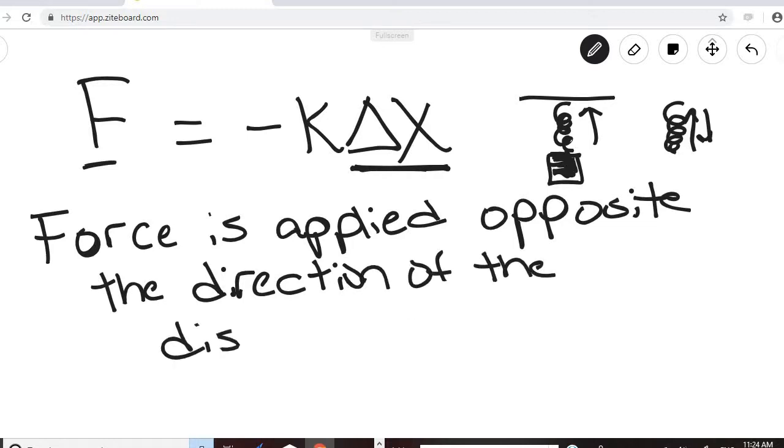So that's just what I said earlier: if you pull down, then the force will be applied up. If you push up on the spring, then the spring will apply a force downward.